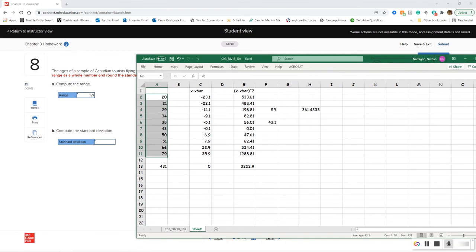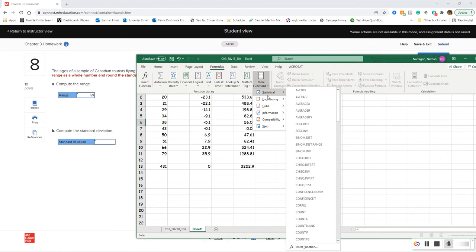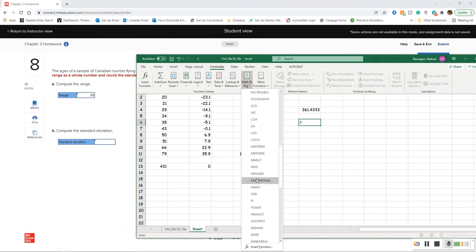Next, the standard deviation. Okay, so we finished really the hard part. Next, it's just putting in the square root. So again, go to your stats, go find square root. And if it's not here, you go to math. Probably math would be quicker.